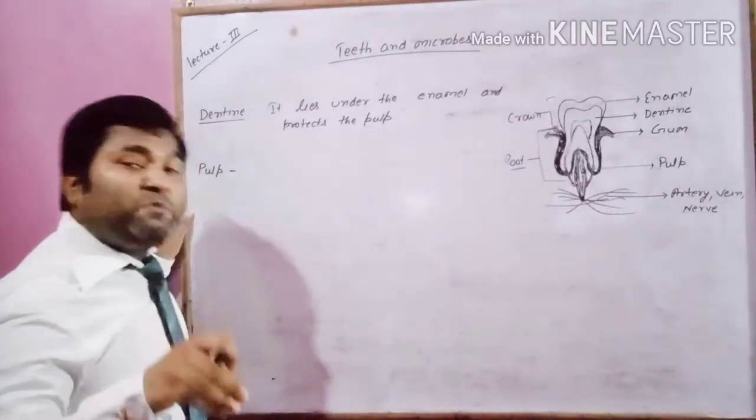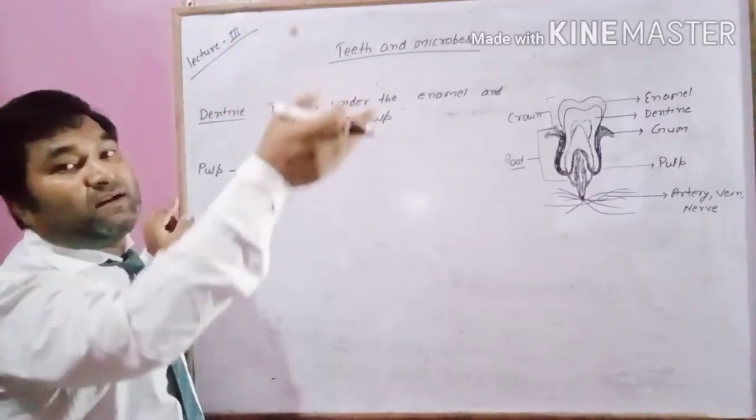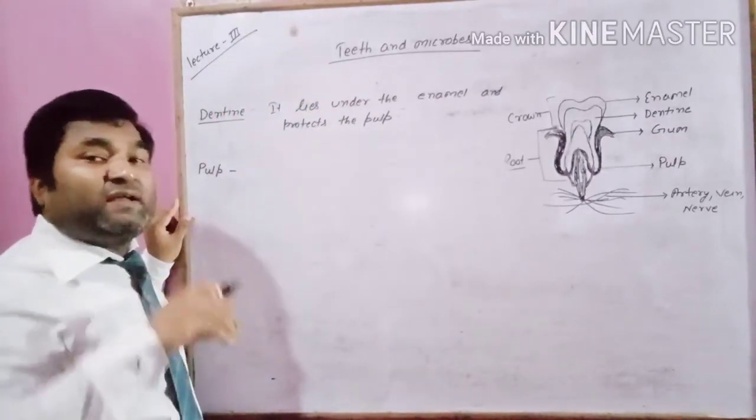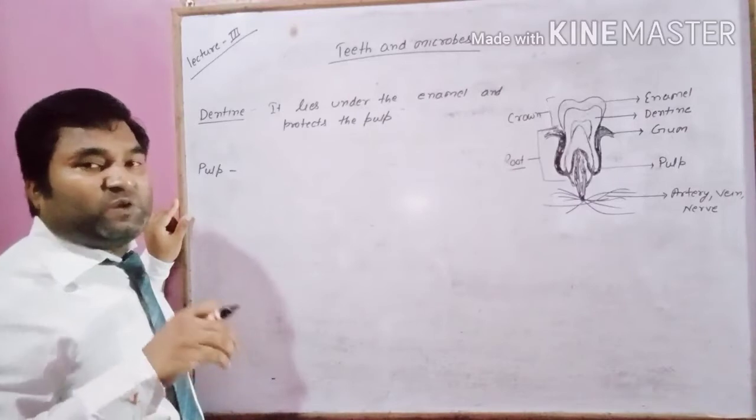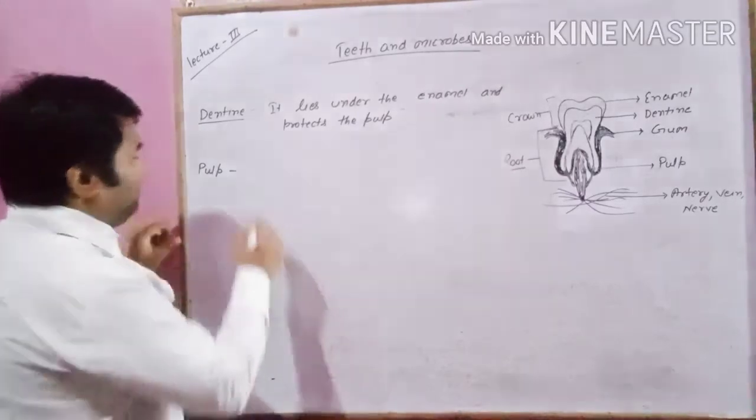Next is pulp. It is the innermost part. Enamel was the outermost, सबसे बाहर का. Pulp is the innermost, सबसे अंदर का part. And it contains blood vessels and nerves.